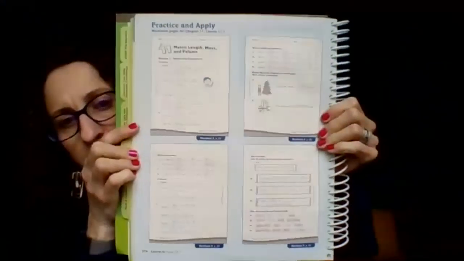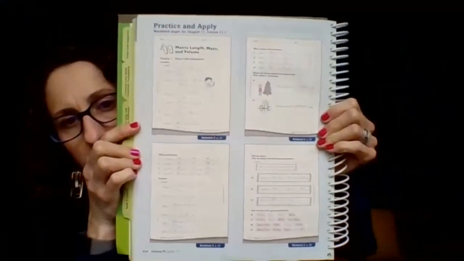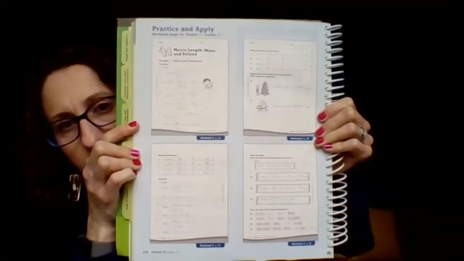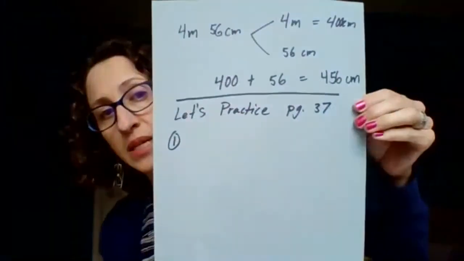Okay, so here we go. This is pages 23 to 26. You might need to pause if you need it held up a little bit longer. I was also going to show you the answers to your Let's Practice on page 37.